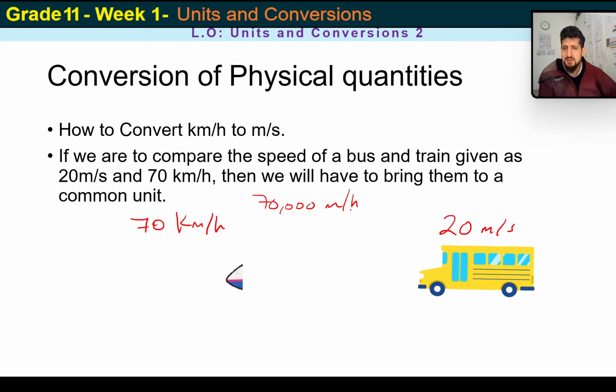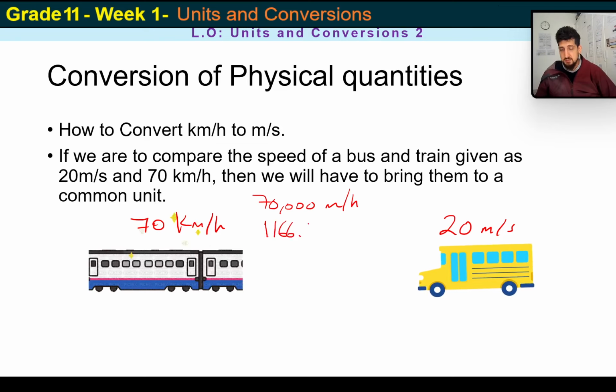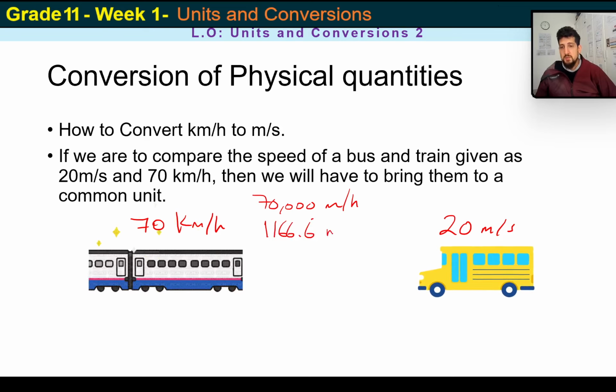How many minutes in an hour? Well, let's try and find that in 1 minute. 70,000 divided by 60 minutes, that gives me 1,166.6 meters per minute. And then I divide it by 60 again to find out how many per second.